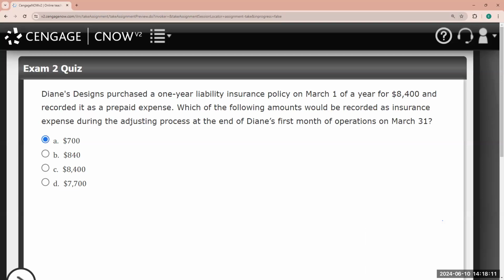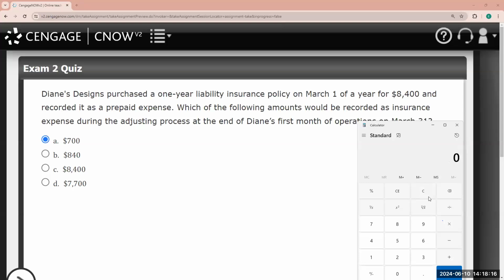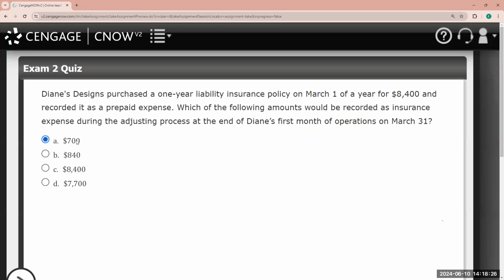So again, in the event that she decided instead of paying for it 12 months in advance, she would simply pay $700 per month for 12 months. But in this case, she decided to prepay for it for a year in advance. So it would be $700 per period.